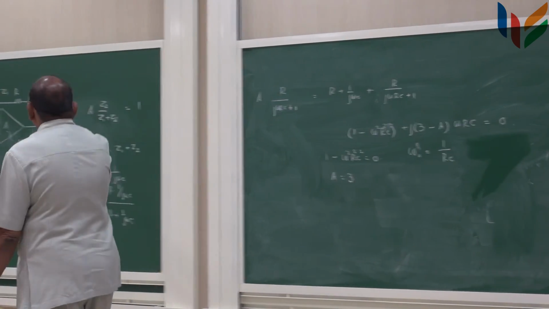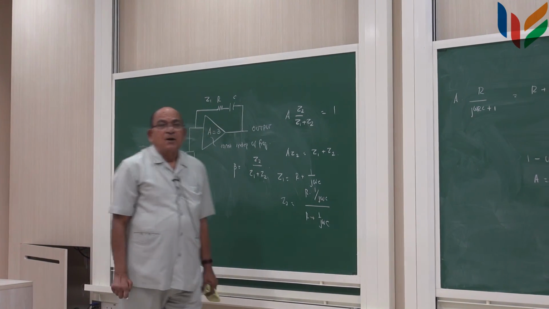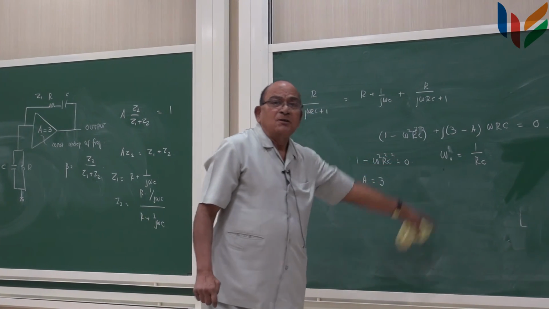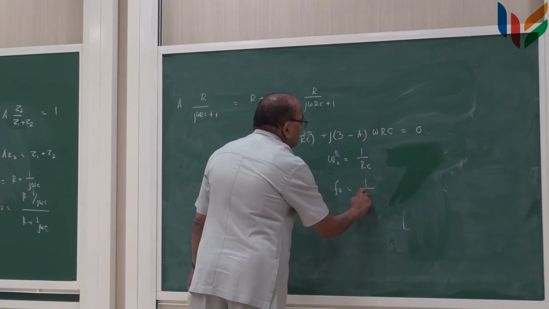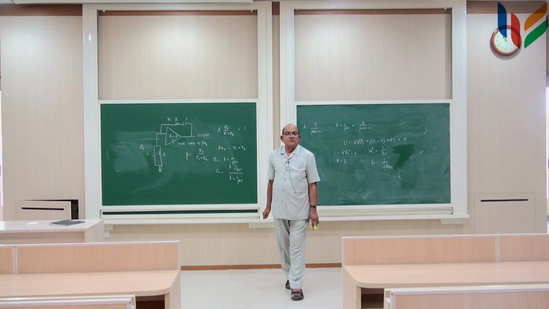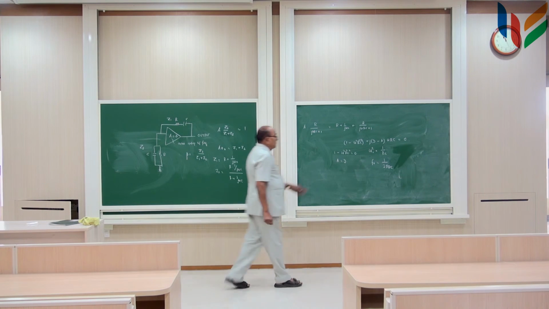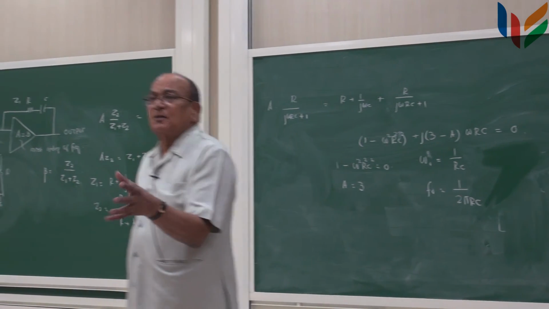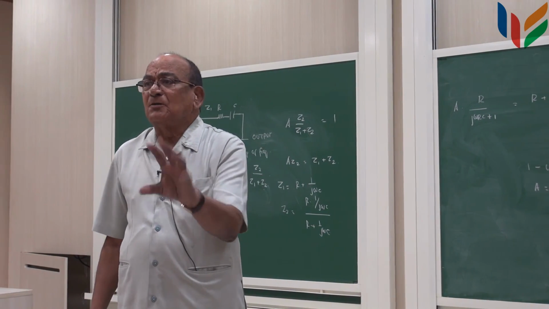So, you make the amplifier gain equal to 3 and choose the values of resistance and capacitance to satisfy this condition, which is equivalent to F naught equal to 1 by twice pi R C. Now, you have two choices, R and C. This oscillator usually is a variable oscillator, in the sense that you want the frequency to vary, like the oscillator you have in the laboratory, where you would like to change the frequency.